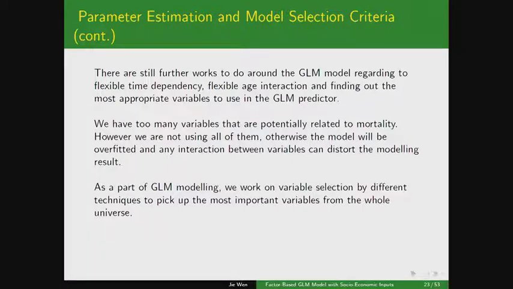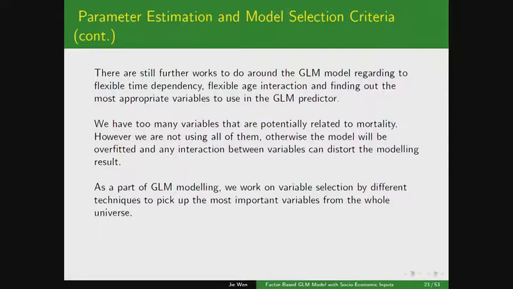But we can't use all of them, otherwise there is a significant overfitting problem and computational burden. That's why, as a part of the GLM modeling, we also work on variable selection by different techniques in order to pick up the most important variables while dropping out the less important ones.